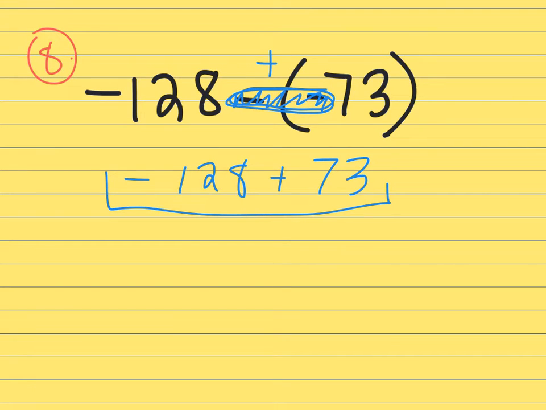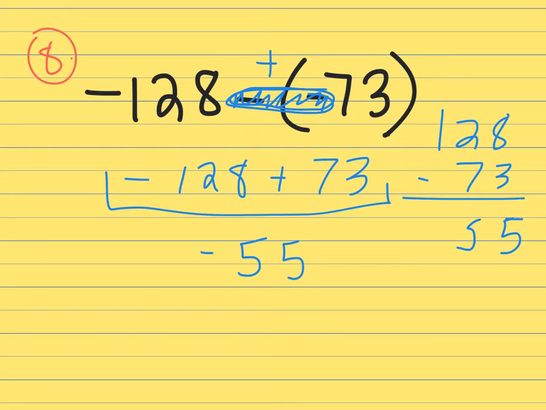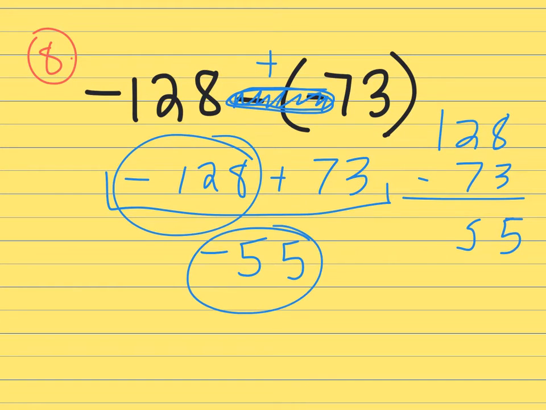So I have to subtract those. 128 minus 73. That's 55. It's going to be a negative 55 because there's more value to the negative number there. Negative 55.